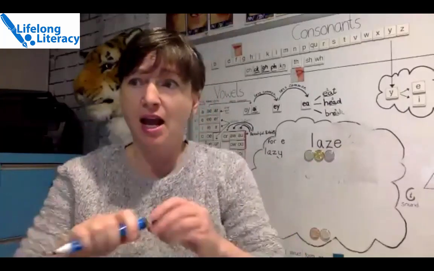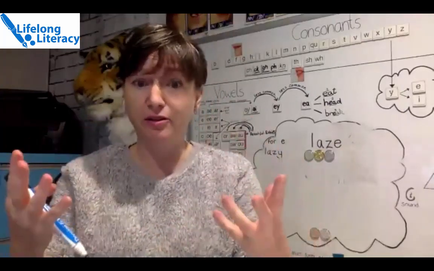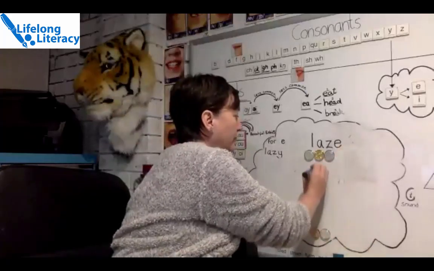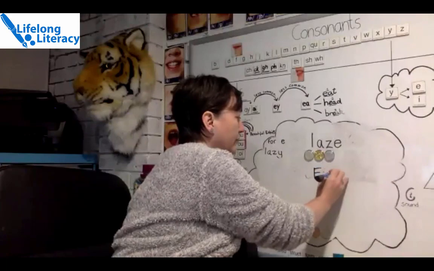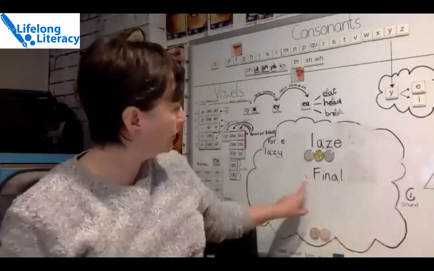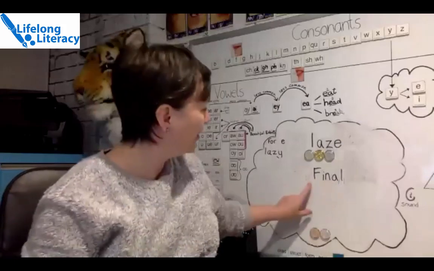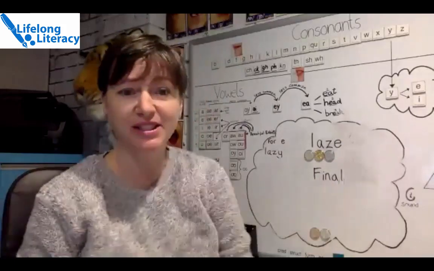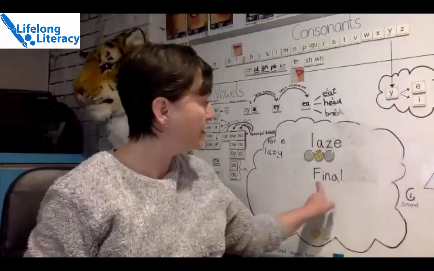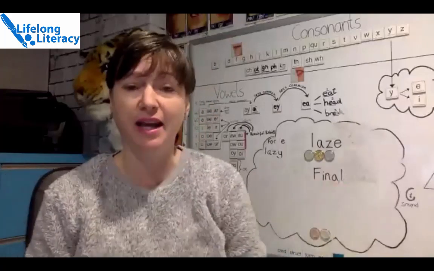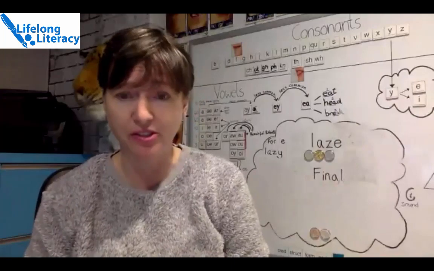A nice technical name for something at the end is final. Final. Fin, this, not my dog now, but this base here means end. So we finish things and we go to the grand final at the end of a sports season and so on.